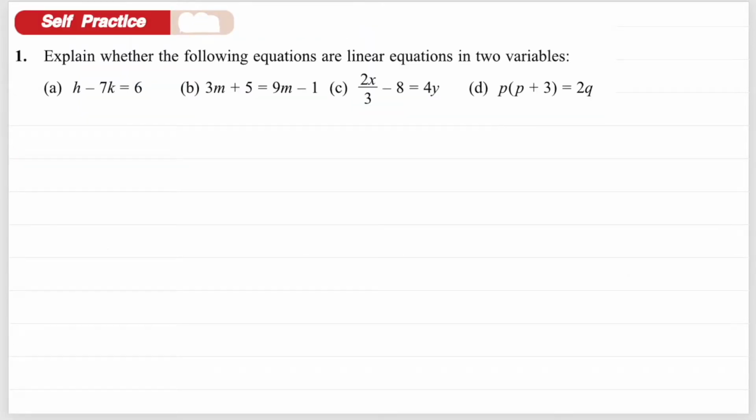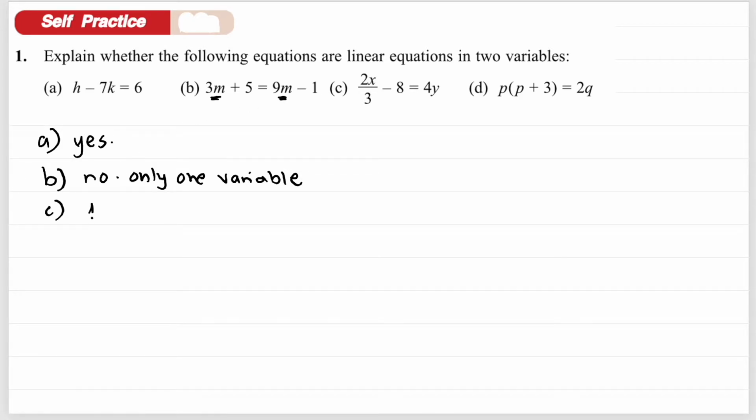Okay. Now we're going to explain whether the following equations are linear equations in two variables or not. So for A, you have H and K, so it's different variables, so it is a linear equation, yes. B, you have M and M, so there's only one variable, so this is no, because you cannot consider it as two variables. And C, you have X and Y, so it's a linear equation in two variables.